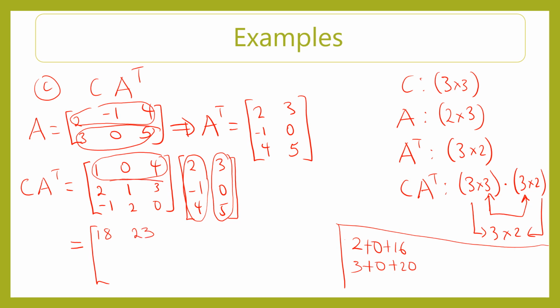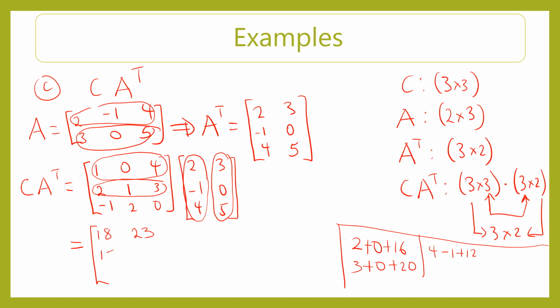Move to the next row. I do the same multiplication with the two columns. So again, 2 times 2 is 4. Plus 1 times minus 1 is minus 1. And then 3 times 4 is 12, plus 12. So 4 minus 1 is 3. 3 plus 12 is 15.